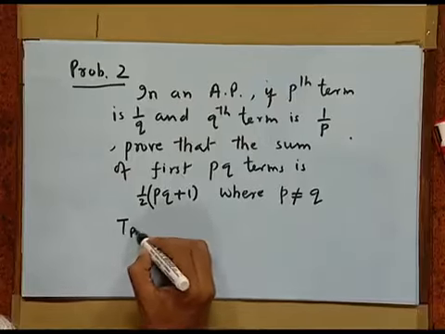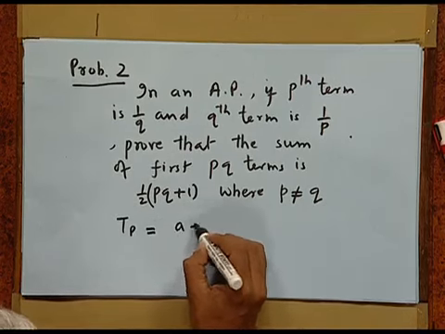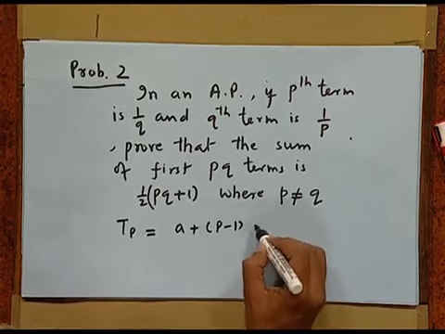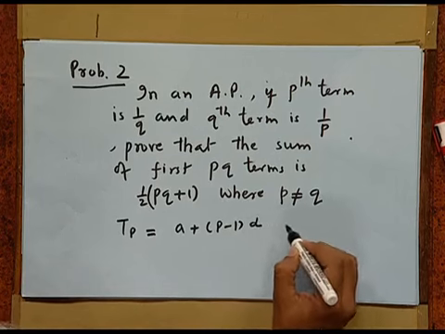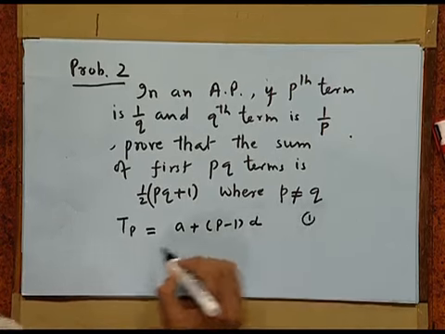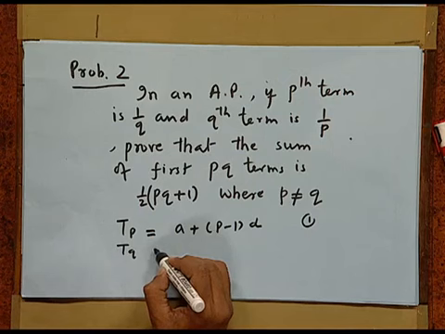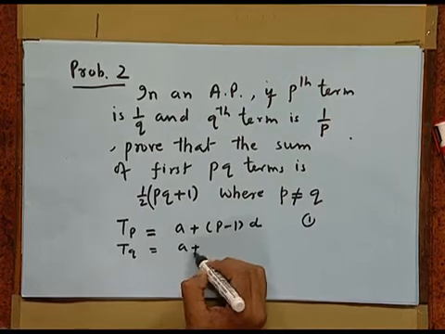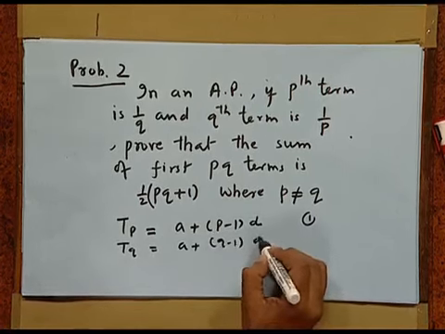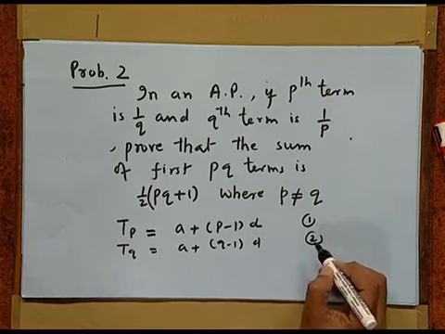Now we again assume a to be the first term and d as common difference. So as per the question, we have the following results. Tp is equal to a plus (p minus 1) times d, first equation. Then Tq is equal to a plus (q minus 1) d, second equation.